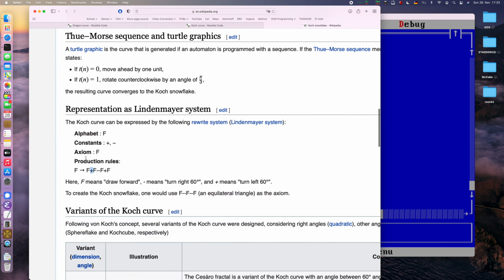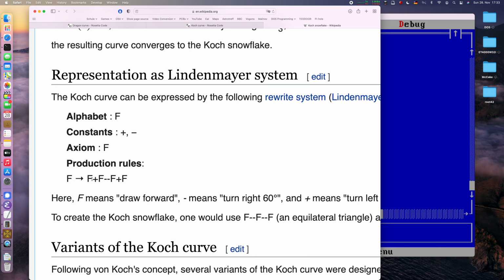And minus means turn right 60 degrees, so we will go forward for one curve segment, do the turn left by 60 degrees, draw forward, turn right by 120 degrees, draw forward, turn left again by 60 degrees and draw forward. And the f actually will of course produce another one of these rules. That means you will have a recursion here. So this f will expand to the whole term again.